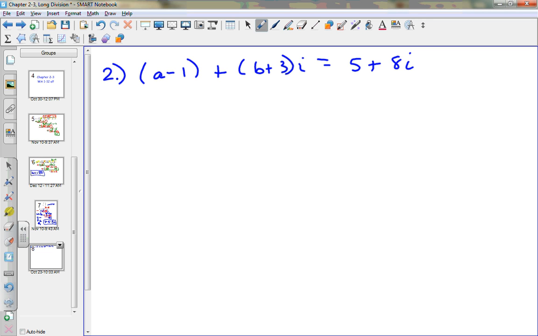Okay, a minus 1 has to be this real number. These two things have to equal each other. I need to find a, so a minus 1 has to equal 5. So that means I add 1, a is equal to 6. Can you do the b now? Okay. Any other questions 1 through 5?